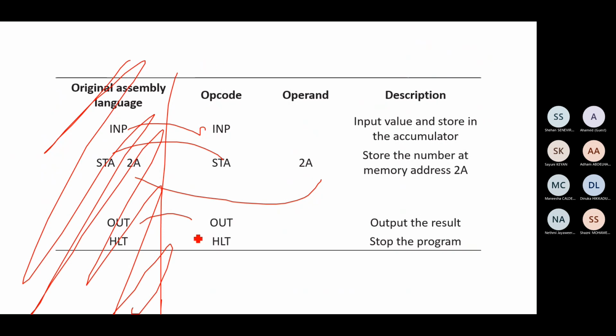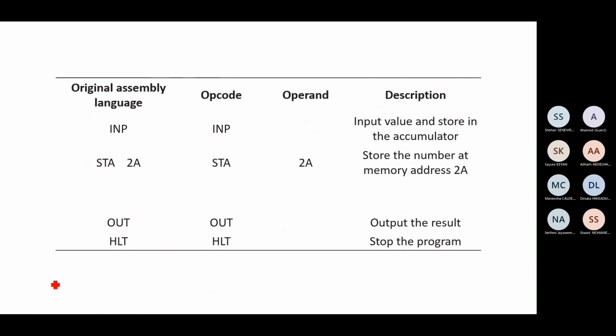This is the actual story that you need to understand, the opcode and the operand. I just added the original assembly language here to make sure you understand what happens, especially so you can read assembly language and understand what is an opcode and what is an operand.